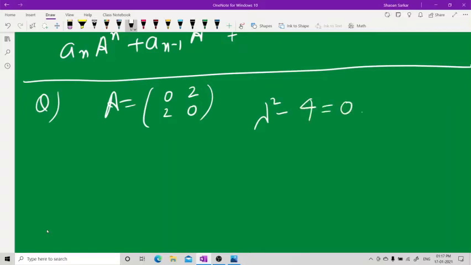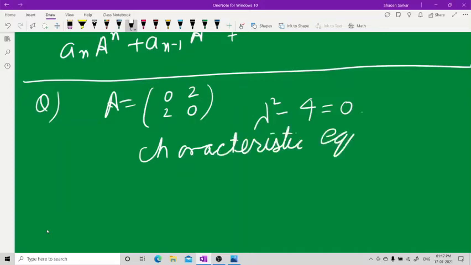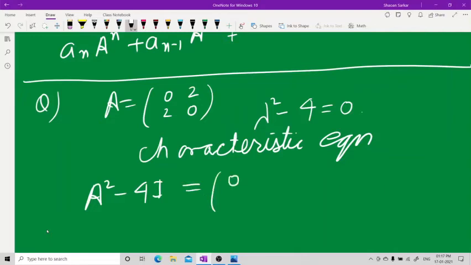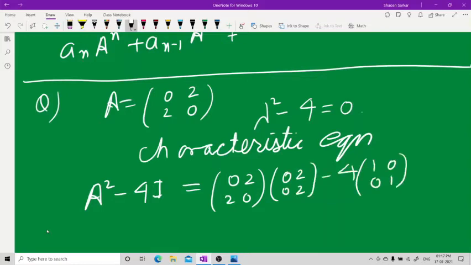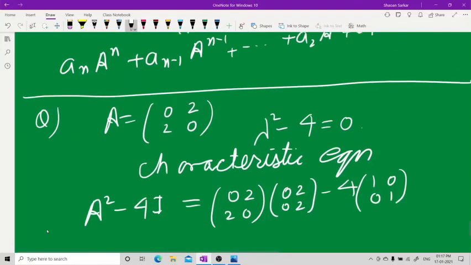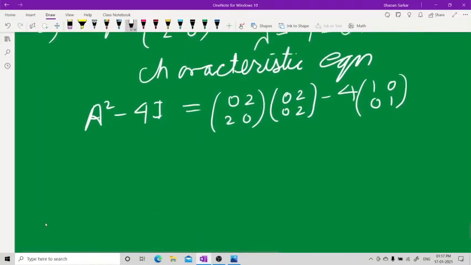Now what I'll do is show that A square minus 4I is 0. Write 0, 2, 2, 0 again times 0, 2, 2, 0, minus 4 into 1, 0, 0, 1, because it is 2 cross 2. Now multiply this with this.